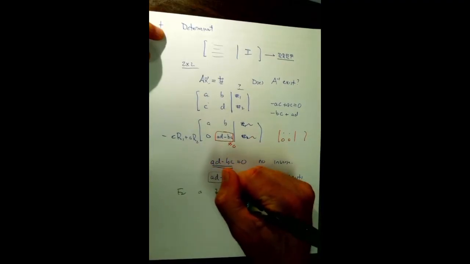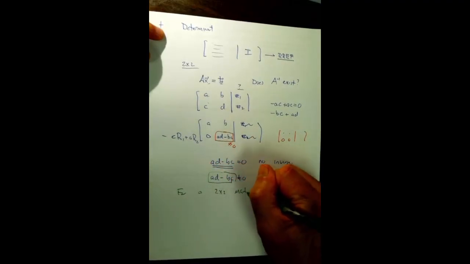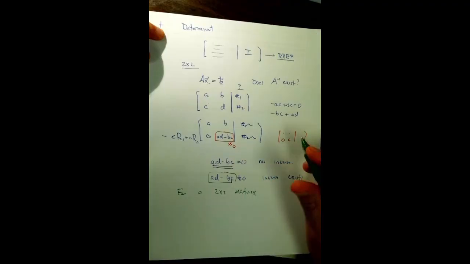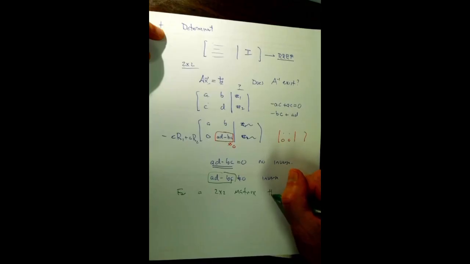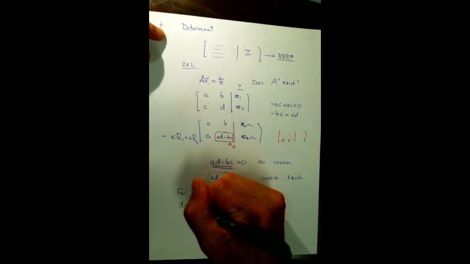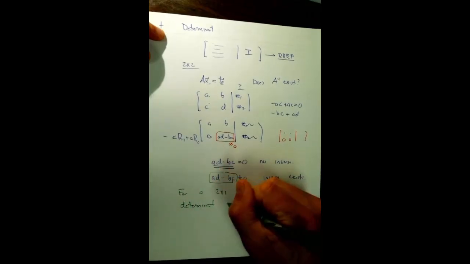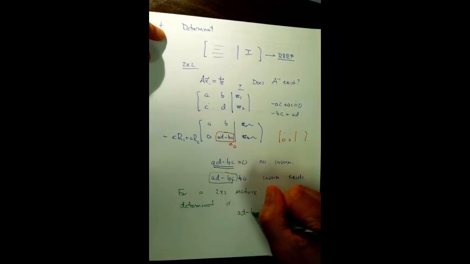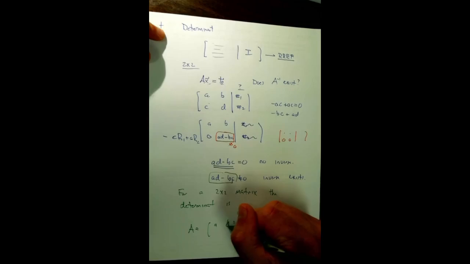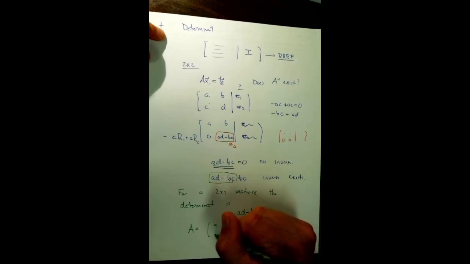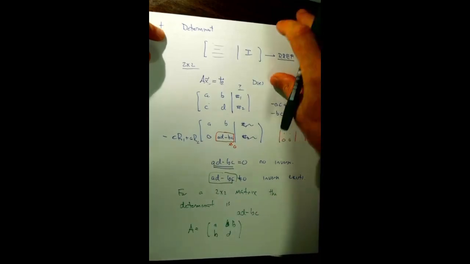And so for a 2x2 matrix, we're going to define that to be the determinant. So for a 2x2 matrix, we say that the determinant is AD minus BC, where the matrix, the top row is A B, and the bottom row is C D. Let me rewrite that because I made a mess of it.